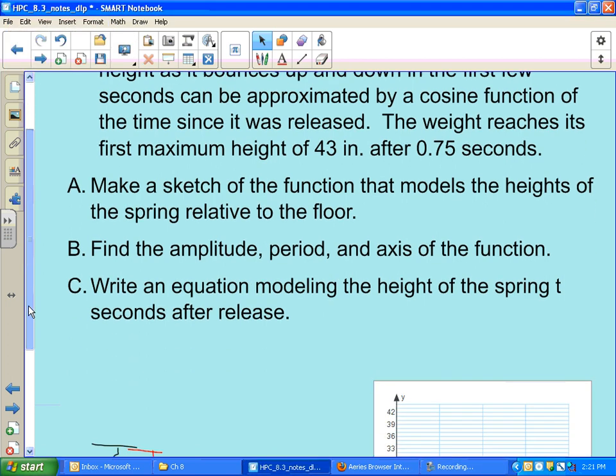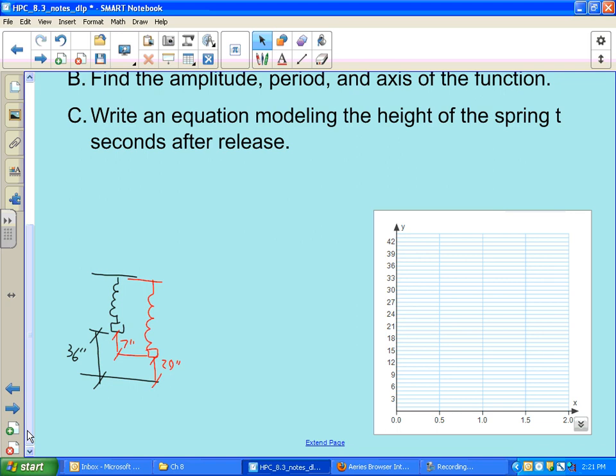So remember I say, let's start with a little sketch. A little sketch is useful to figure out what's going on. We were told that the spring is suspended above the floor 36 inches. That's just it sitting there. I haven't done anything to it. And then it says that I pull the spring down 7 inches, not down to 7 inches. But I pull it from its 36-inch height down 7 inches, which makes it 29 inches.